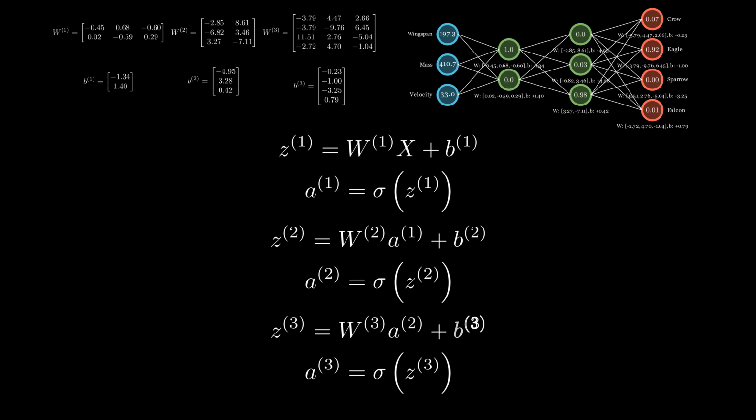Well, every neuron must have 1 bias, so it is 2×1. So what shape must Z1 be? It must also be 2×1, as it is a linear output from 2 neurons. We also know W1 and X give us a 2×1 vector, and adding a bias does not change the shape. What about A1?